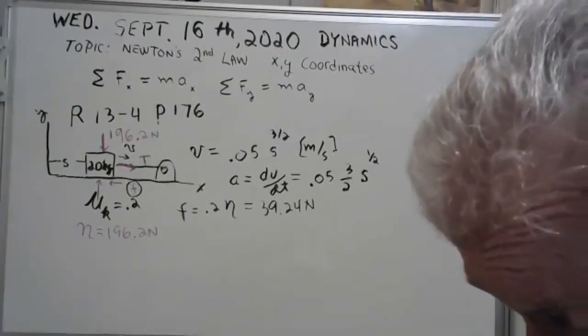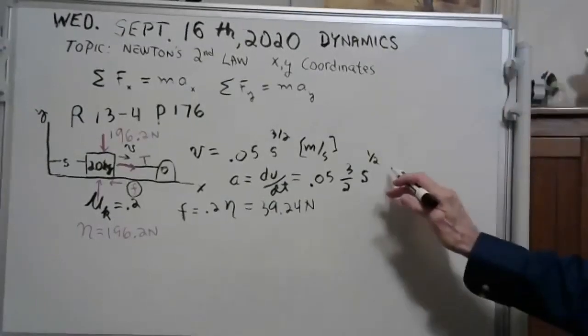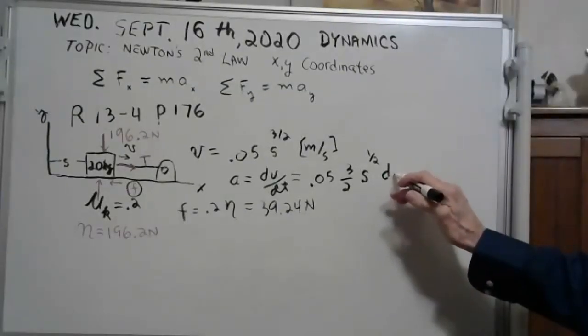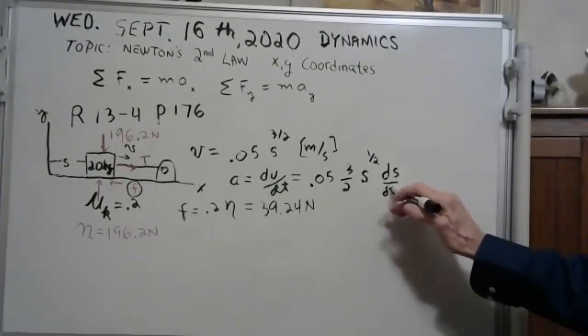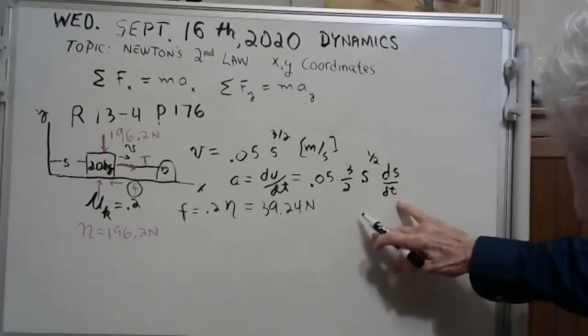S to the 3/2. I'm sorry, I can't understand you, but I know what I want. I want ds/dt. Is that what you're trying to tell me? Is that what you were saying? Because that's what it is, see?